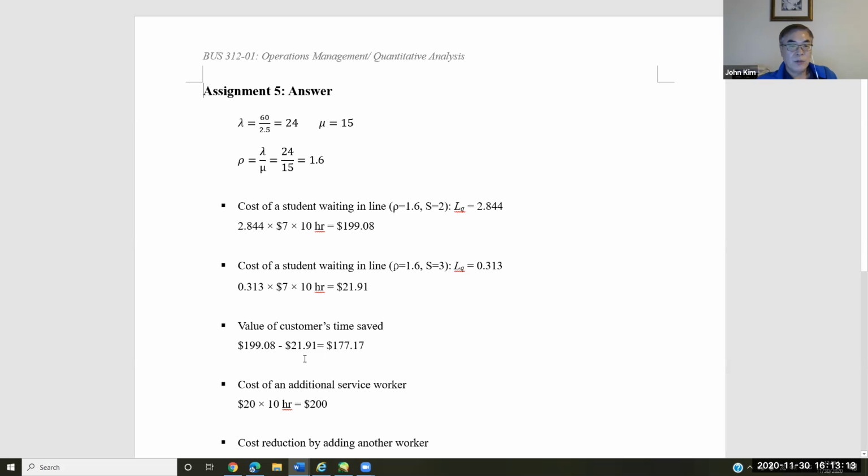So by hiring one more clerk or server, this store or cafeteria can save this much customer cost.